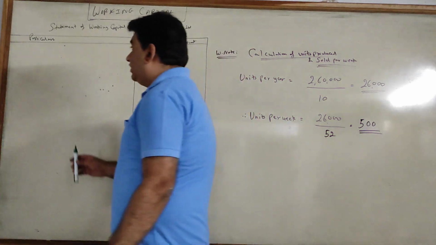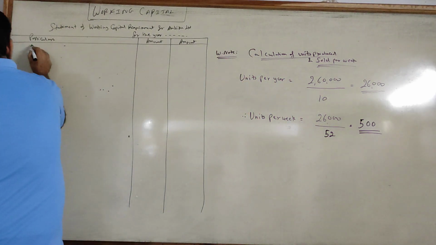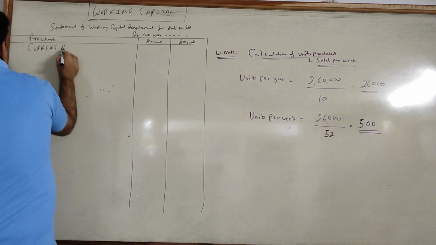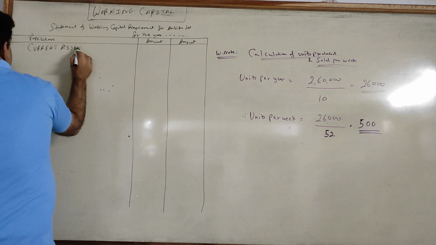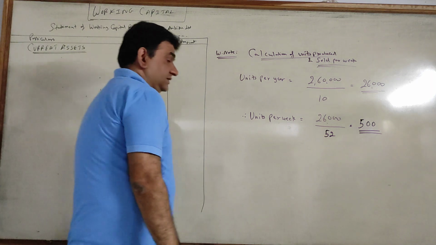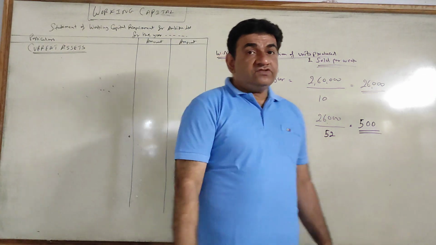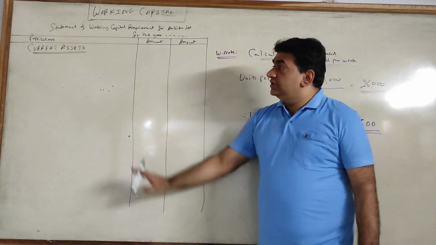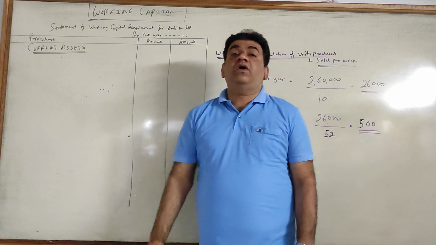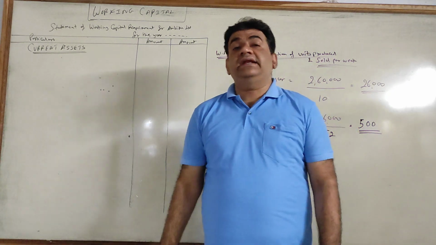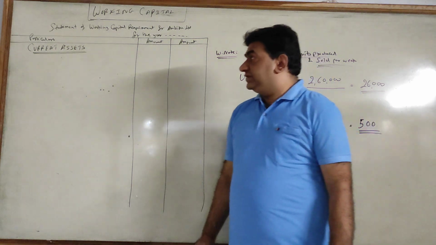So now what we'll do? Come to the table. Give the main heading current assets. Working capital is what? Current assets minus current liability. So first I will calculate all current assets. After that I will calculate current liabilities. Now listen.